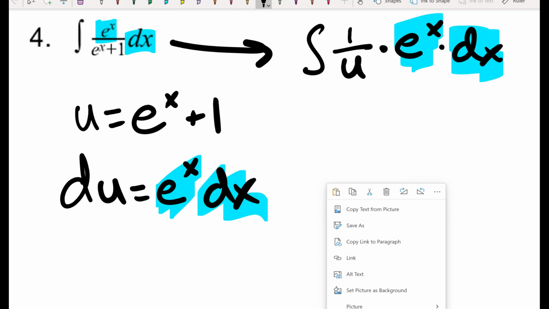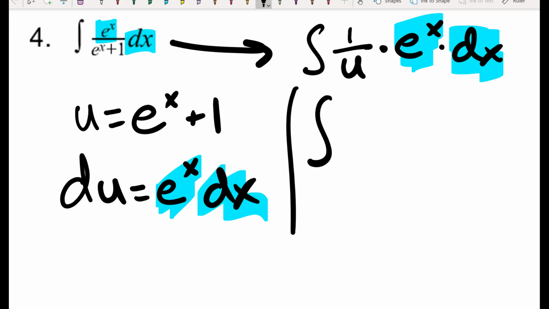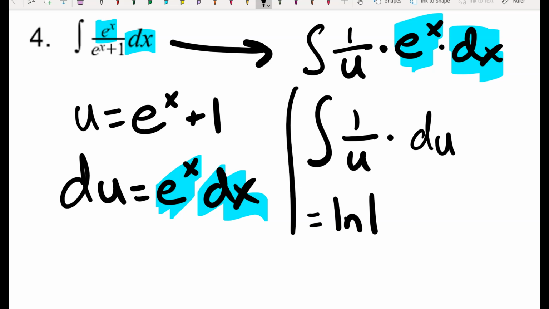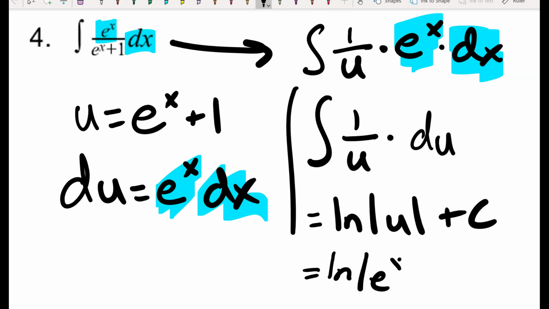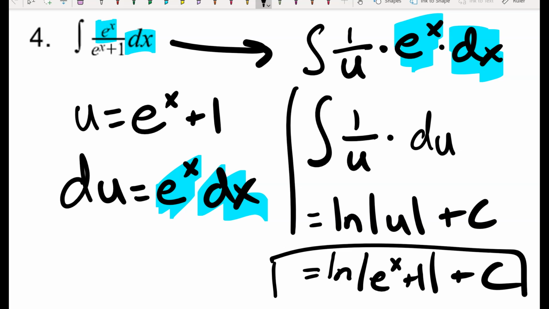So I'm going to rewrite this as the integral of 1 over u times du. Remember, 1 over u is one of those special integrals. The antiderivative of that is just the ln of the absolute value of u plus c. I'm going to make the substitution back in to say that this is the same thing as ln of the absolute value of e to the x plus 1 plus c.